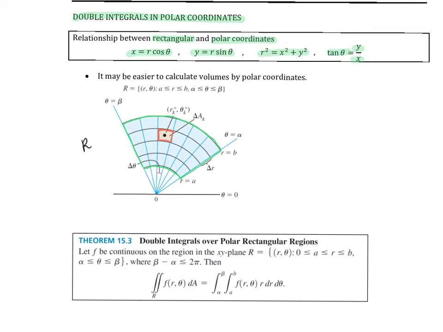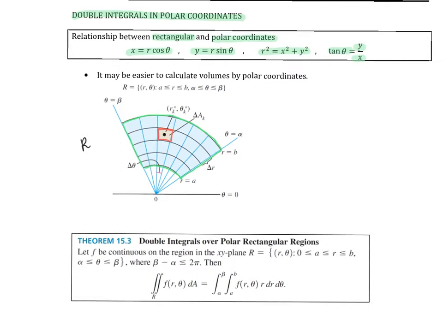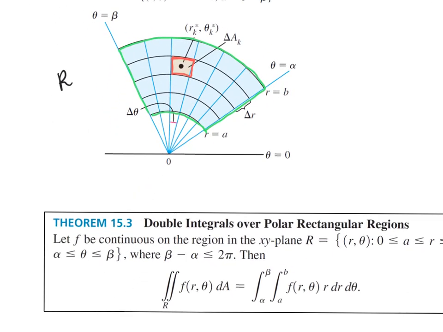But notice that if we look at the sides here, we're going to have some distance theta, and we're going to have some distance r. So we have a delta theta and a delta r. And what those two values will give us is our delta A for our area.